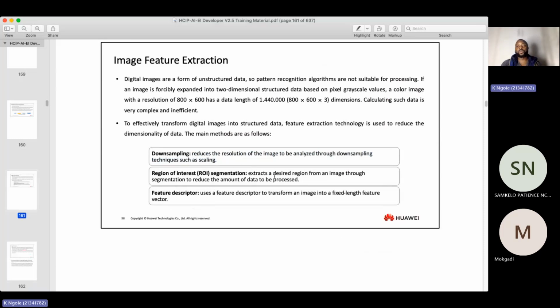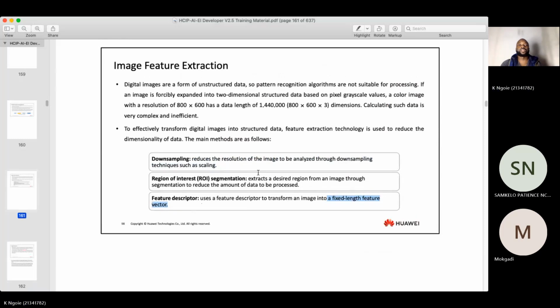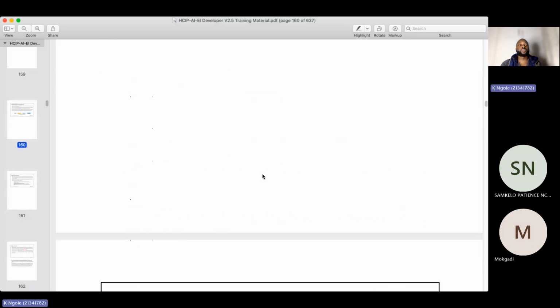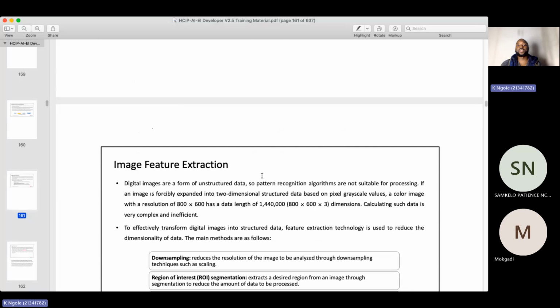This is when we just want to extract a desired region from an image, right? So we don't need the whole image, but we just need a part of the image. Okay, and then we have a feature descriptor, which is used to transform an image into a fixed length feature vector.